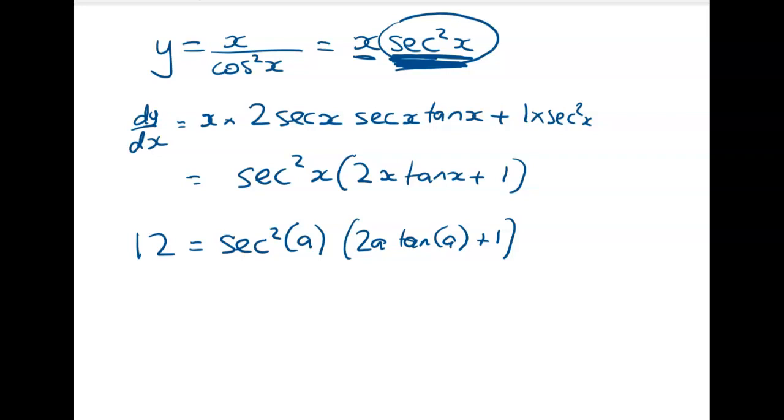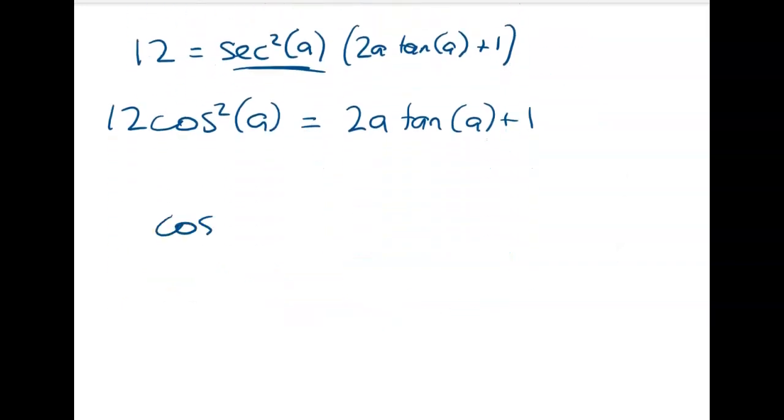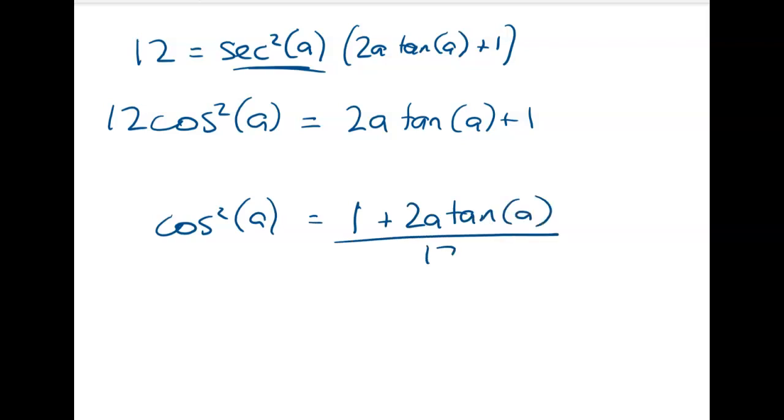So 12 cos squared a, rearranging this, is equal to 2a tan a plus 1. Cos squared of a is equal to 1 plus 2a tan a over 12.